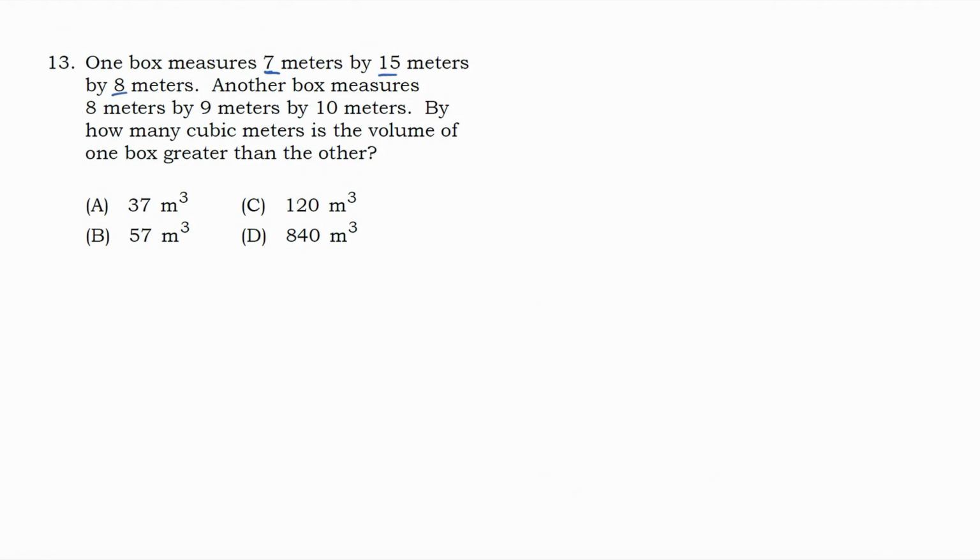Another box measures 8 meters by 9 meters by 10 meters. By how many cubic meters is the volume of one box greater than the other? So, for this one, kukunin lang natin yung volume. So, yung first box, yung volume niya is 7 meters by 15 meters by 8 meters. Yung formula kasi for volume is equal to length times width times height. So, ganyan lang.